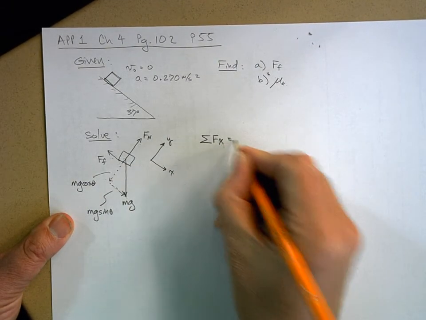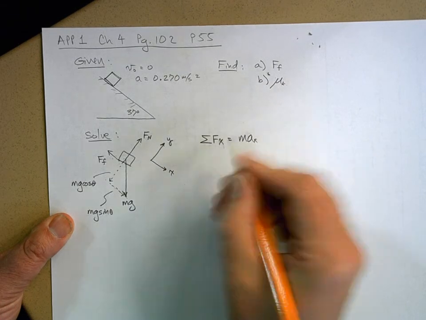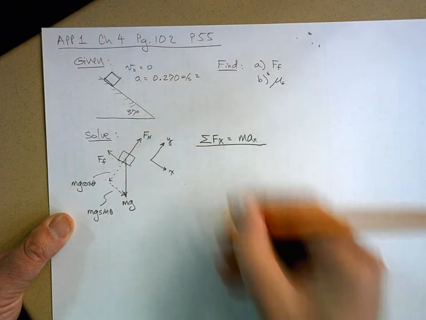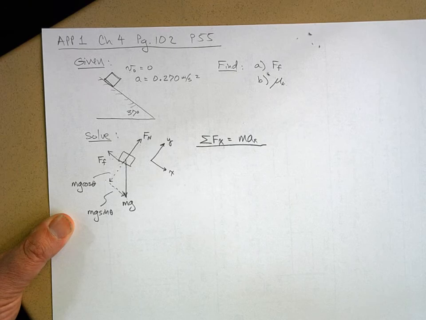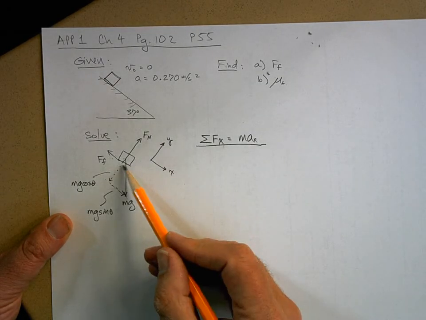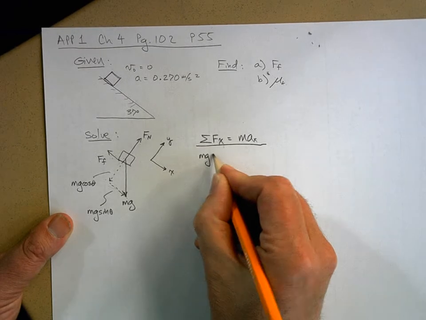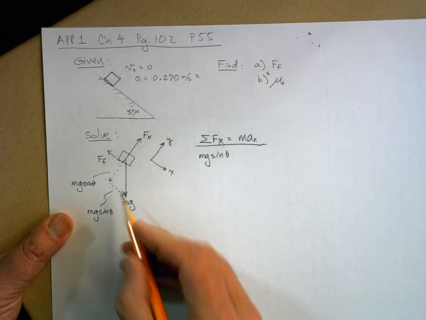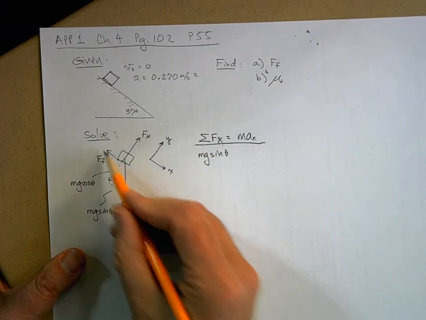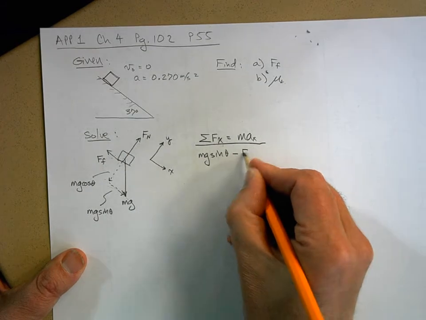Let's sum the forces in the x direction equals ma in the x direction. I underline it, and I do the work under here. I look in the x direction. What have I got? In the positive x direction, I've got mg sine theta. In the negative x direction, I've got the force of friction.